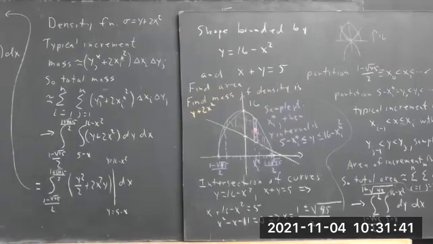X squared term. When you square this, you're going to get a 32x squared, right? And when you square this, you're going to get an x squared, and it's going to be minus. You're going to have 31x squared over 2, that's a 31/2 x squared. Keep that in mind.